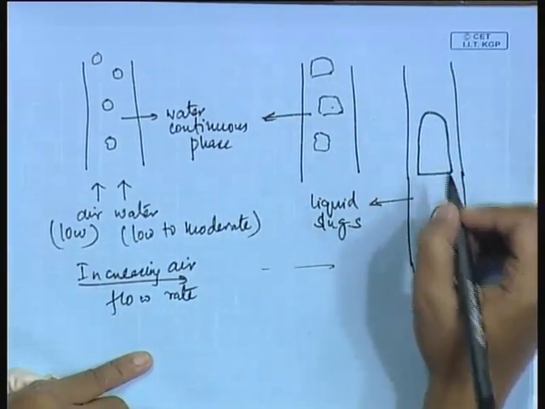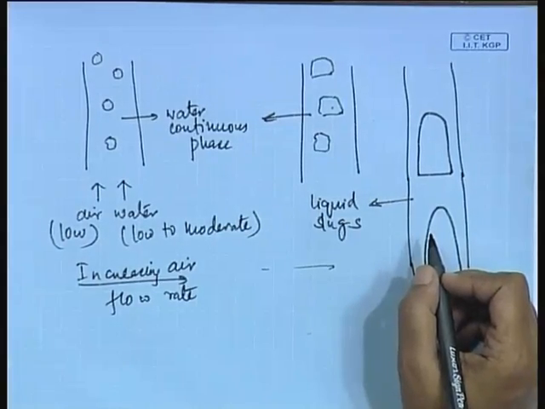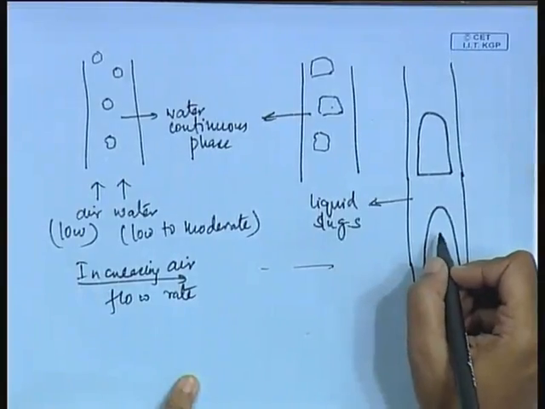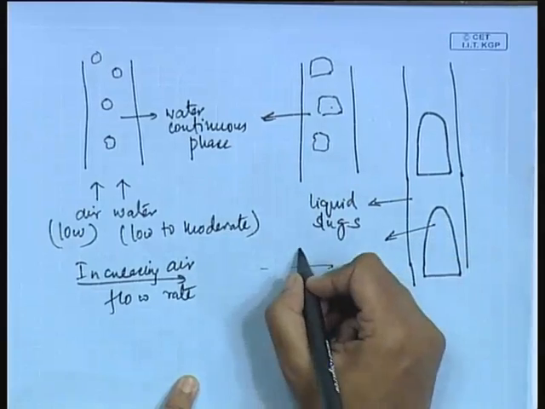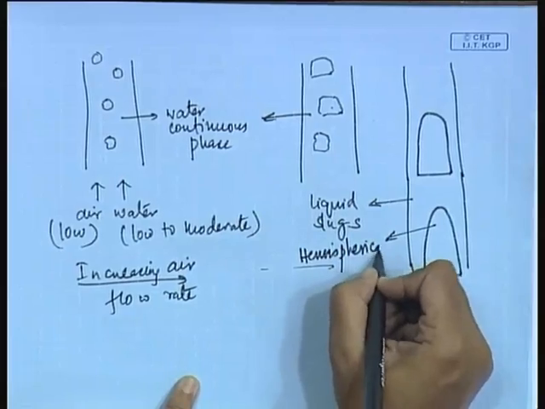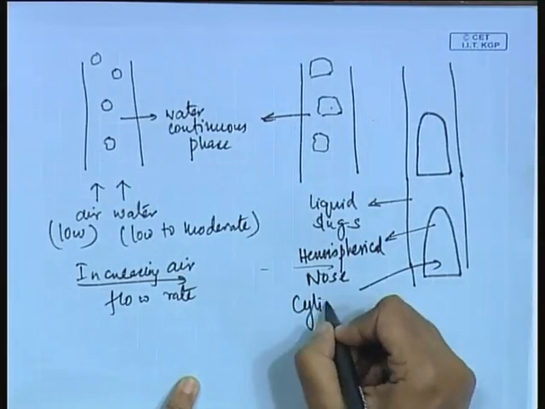Okay. Now, these bubbles, I have a schematic of these. These bubbles, if you see, are elongated large bullet shaped axisymmetric bubbles. Now, these bubbles are very interesting. What we have observed is that these bubbles are characterized by a hemispherical nose and a cylindrical tail.